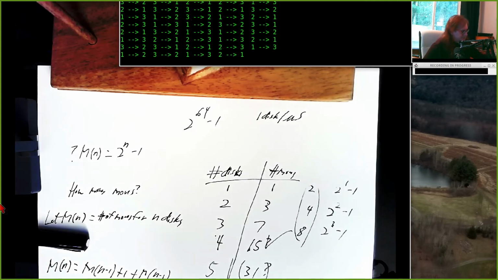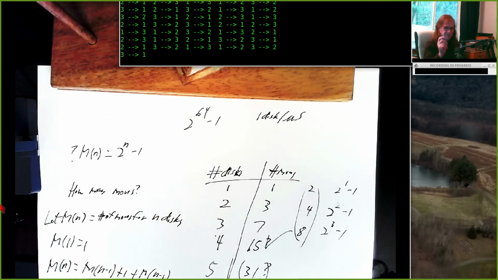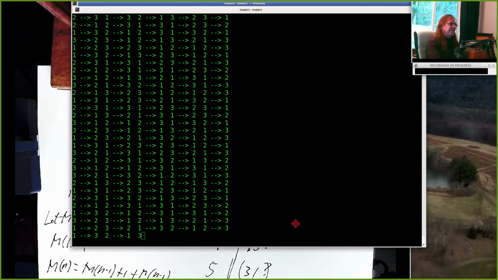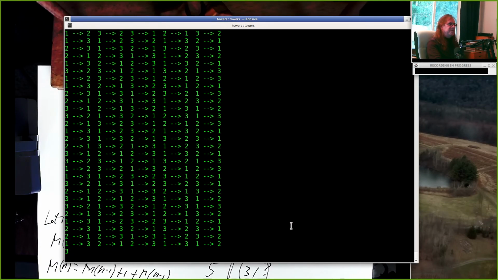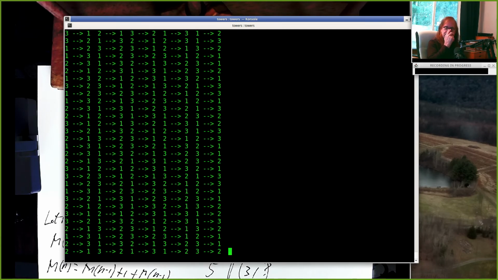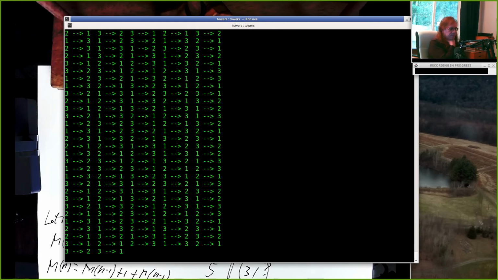So the universe has some time left in it. Nonetheless, finding out which moves to make is trivial if you have a computer, right? And this will just happily keep printing and giving out instructions until it's done. And then it'll report that it made a total of 1.8 times 10 to the 19th moves. But that program will take roughly the amount of time that we just calculated, right?